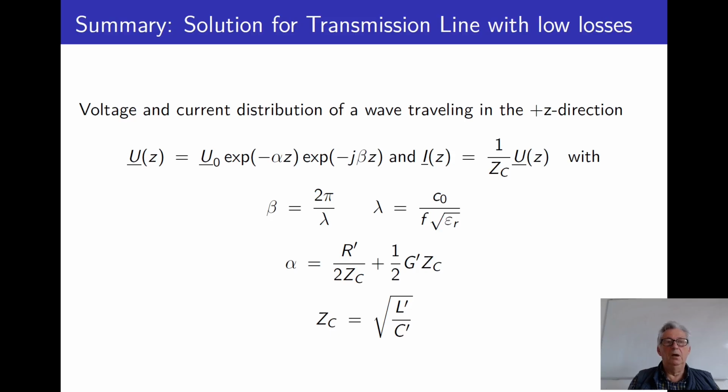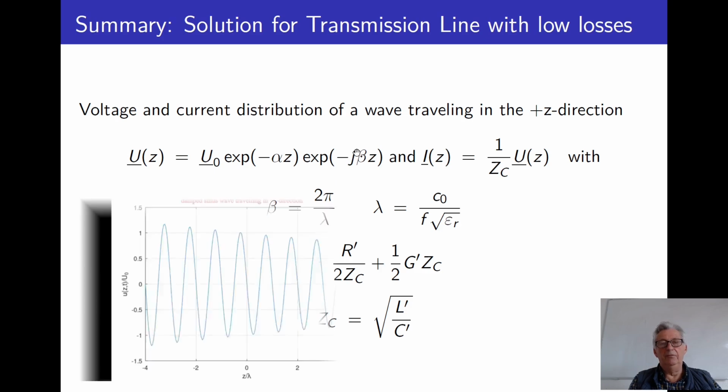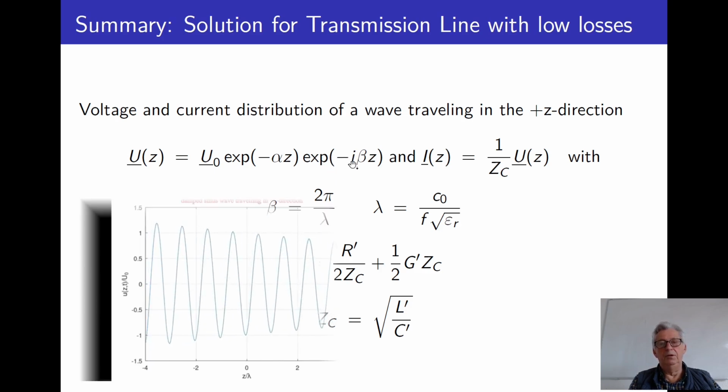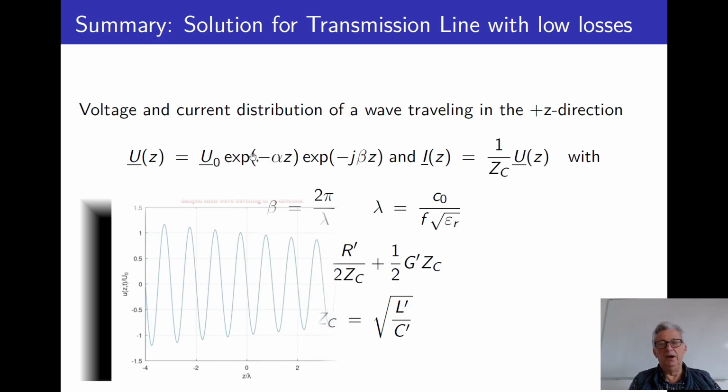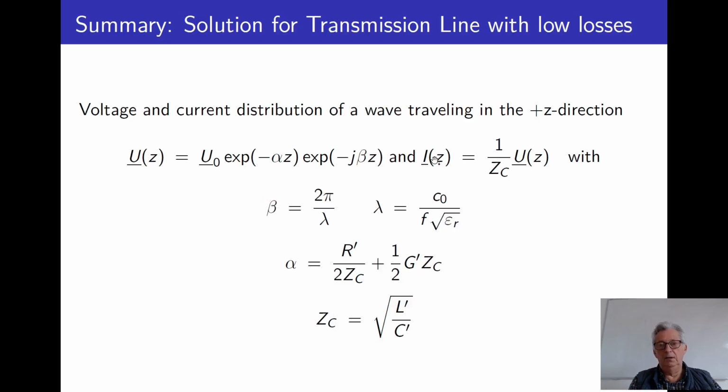So as a summary, for the solution of the transmission line with low losses, we have the wave traveling in the positive z direction, but now this wave is attenuated by this factor, while the current wave will be in phase with the voltage wave because of the real value of our characteristic impedance.